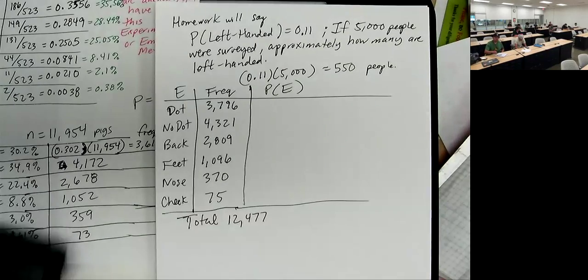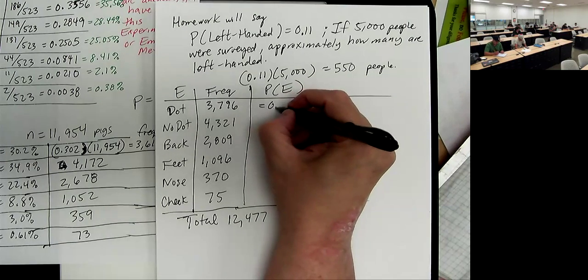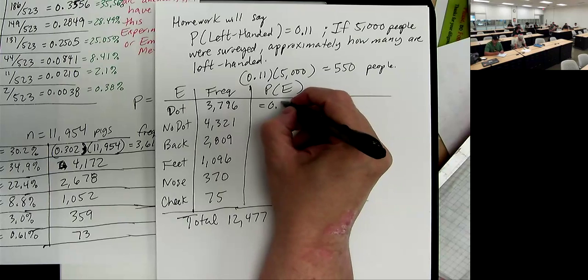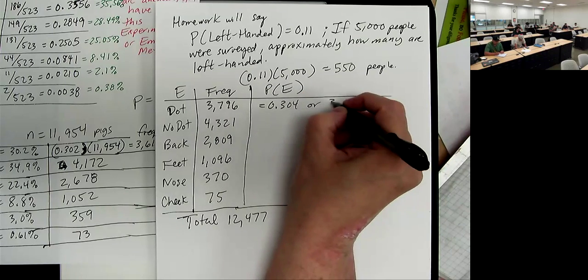All right, let's find our probabilities now. So 3,796 divided by 12,477. I'm getting 0.304 or 30.4%.